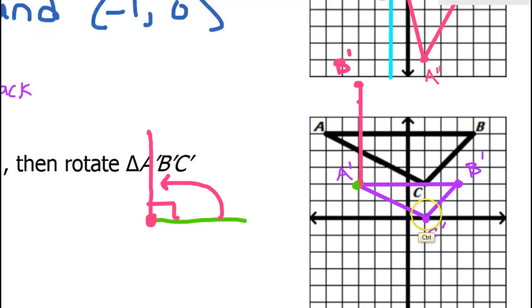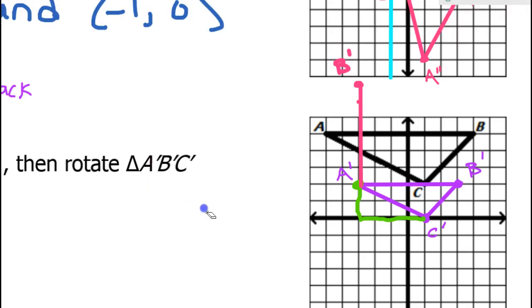If I wanted to get to point C prime, I would have to go down 2 and right 4. All you really have to worry about is the L, because all I need to do is rotate this L 90 degrees around A prime.